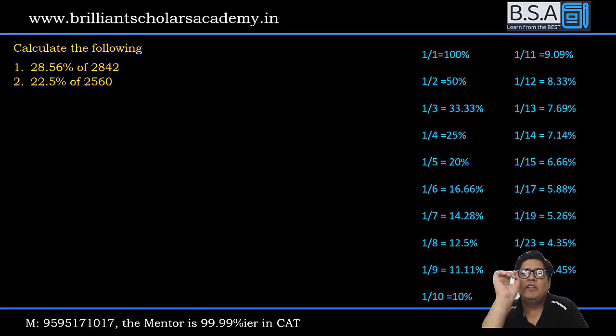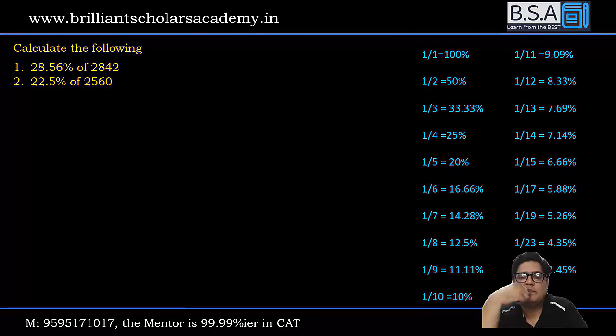Manisha, 0.3333. 0.3333 is 1 by 3. 0.33333 is 1/3. 1/3 is 0.3333. Even if it is written 13.33, it is implied that 3 is repeated infinite times.